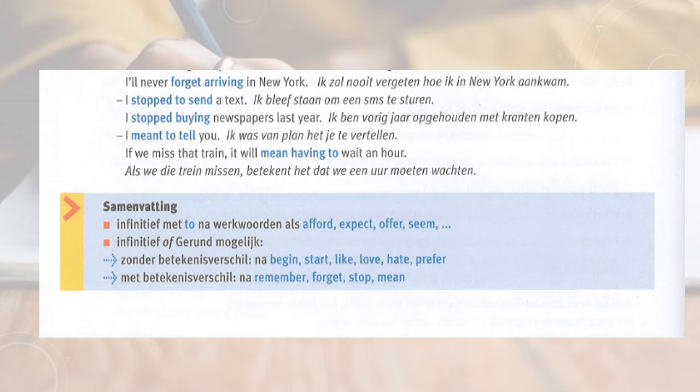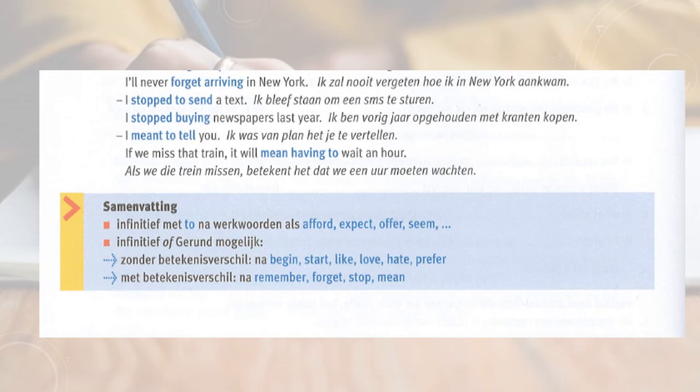But if you look at the second sentence, I stopped buying newspapers last year. Here we use a gerund. We don't use a to infinitive, but we use a gerund, namely buying. And if we translate this sentence, we have ik ben vorig jaar opgehouden met kranten kopen.